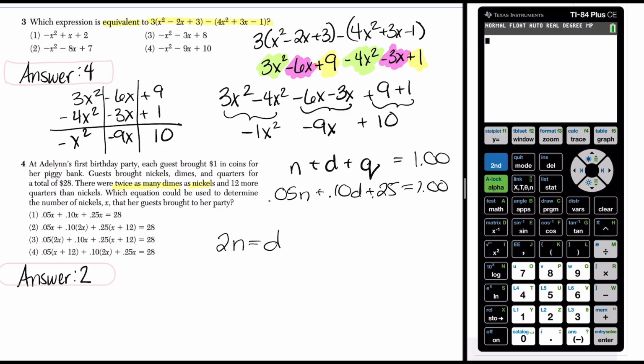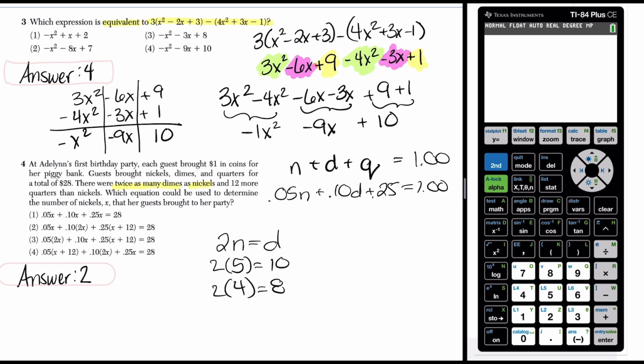So for example, if I have 5 nickels, 2 times 5, then I have 10 dimes. So you kind of see why I wrote it in that way. If I only had 4 nickels, then I would have 8 dimes. So that's why I wrote it as 2n is equal to d. So that's helping us see that my dimes are going to be 2 times bigger than my nickels.